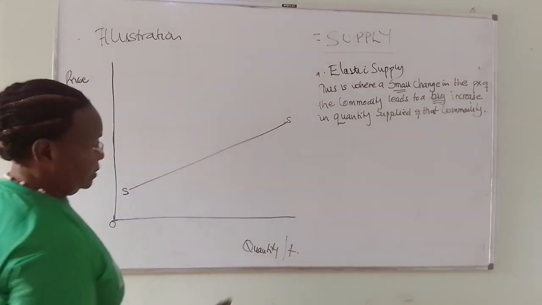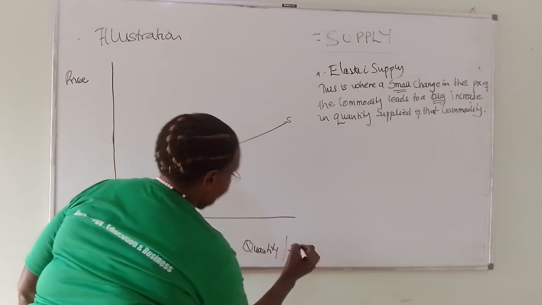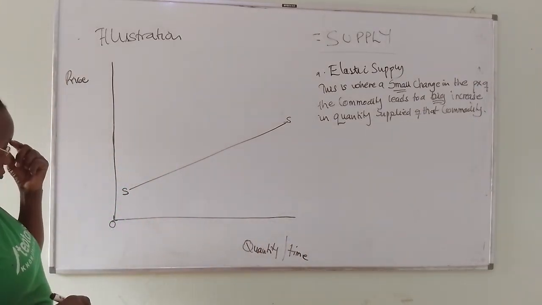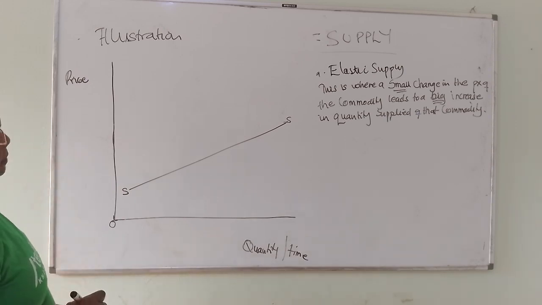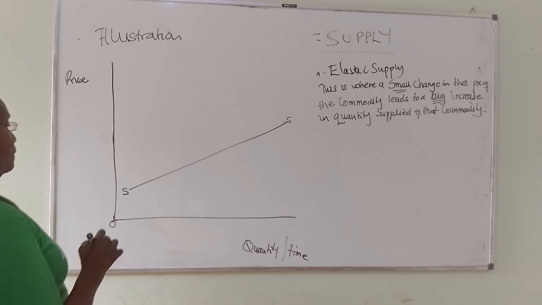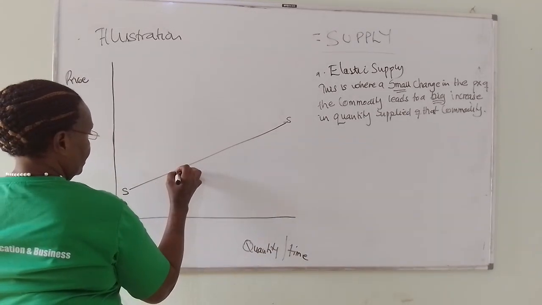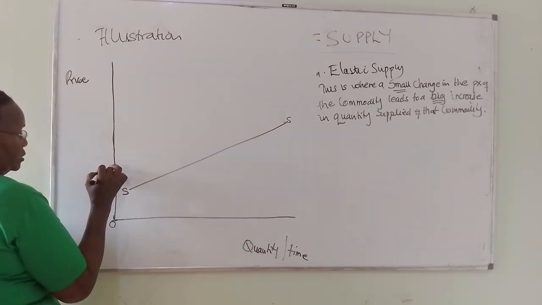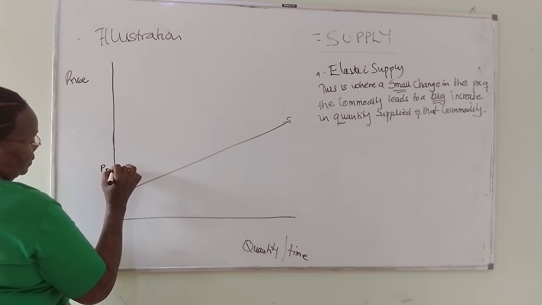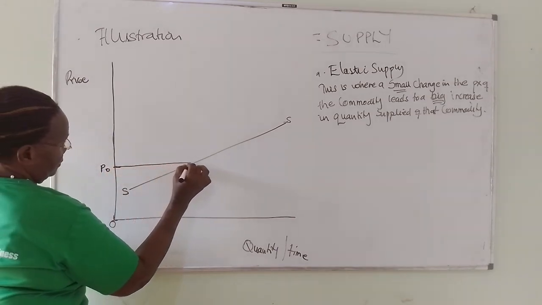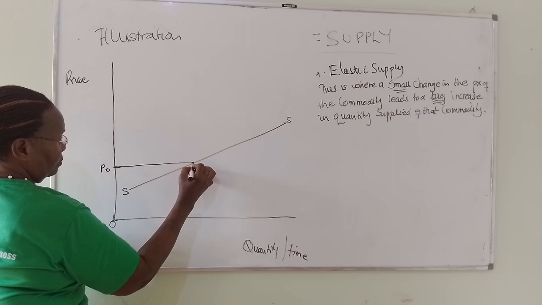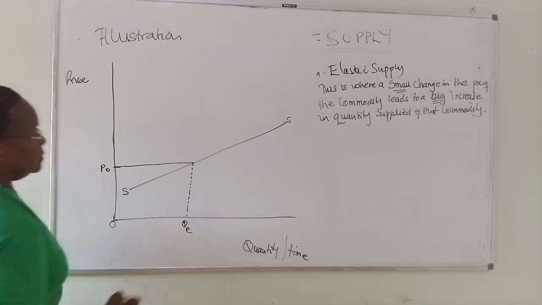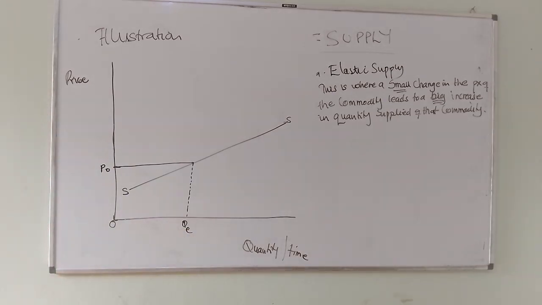We have our quantity supplied per given time on this axis, and we have our price on this axis, and we are trying to find out how elastic our supply is for this product. Assuming that originally the price was here, we have an original price, P0, and what was the amount being supplied at that price? You see that the quantity supplied was Q0.